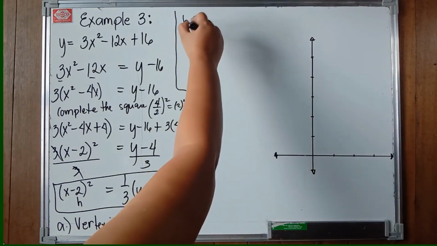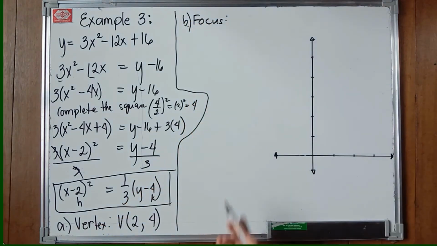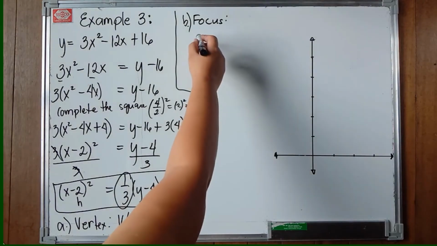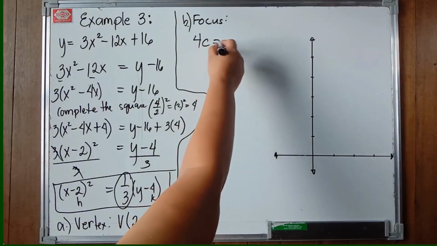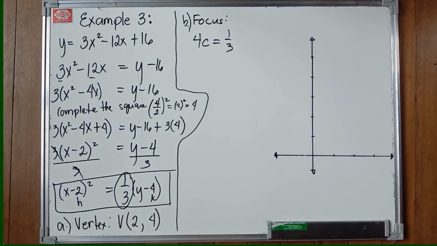Next, let's have our focus. So, our latus rectum is 4c and it's equal to 1/3. Let's equate it. Next, let's solve for c.